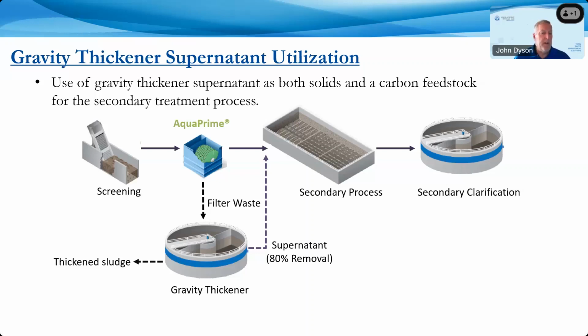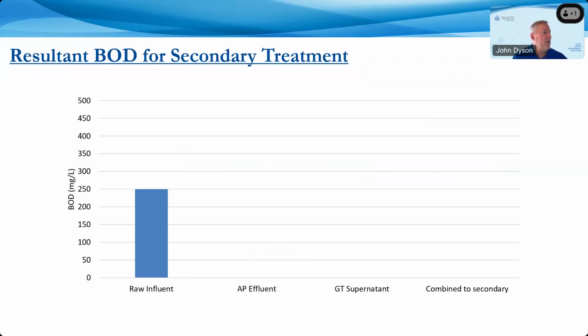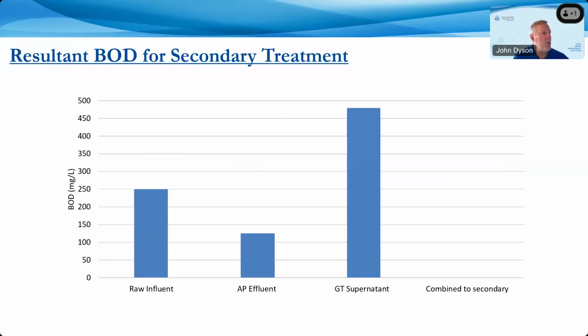Knowing that, and this is a small 10% waste stream, you could return that to the secondary process as supplemental carbon, so that it's a 90-10 ratio. So in that case, if you say 250, the effluent from the AquaPrime, the supernate, could be anywhere from 300 to say 450 in the worst case, and you would get your ideal concentration, say 160, 170.